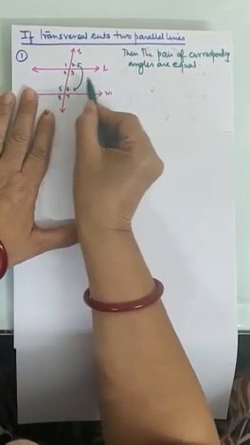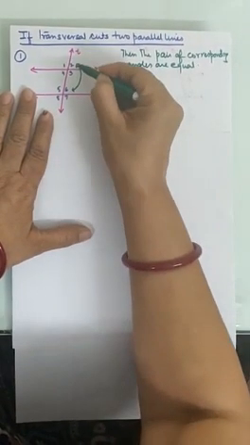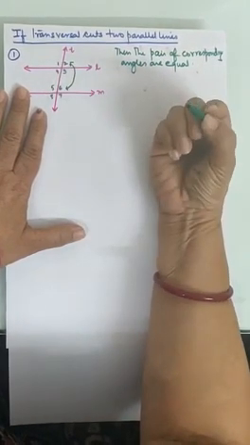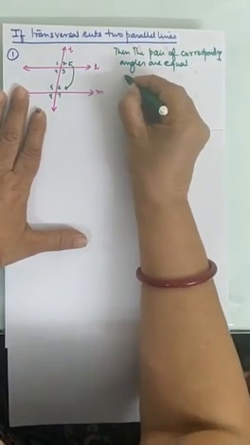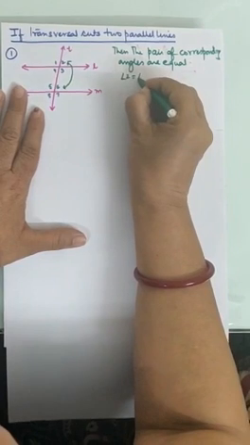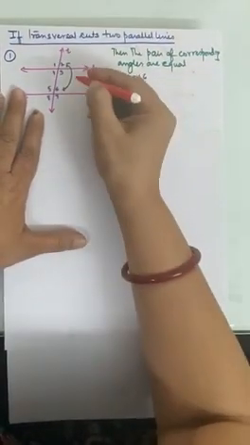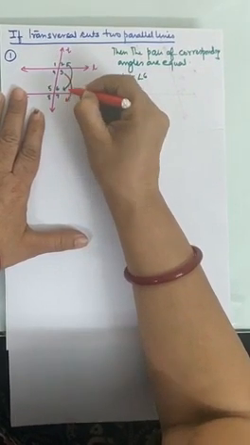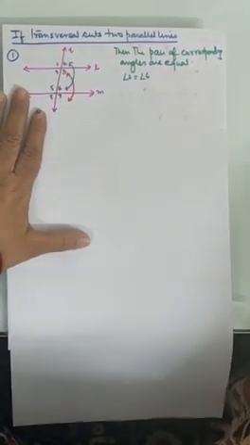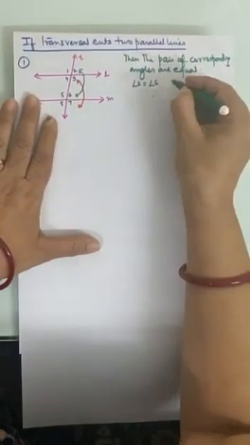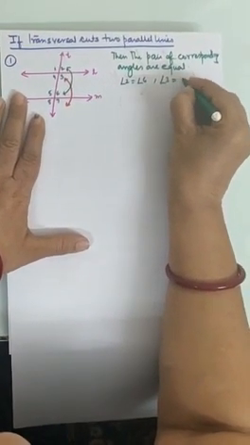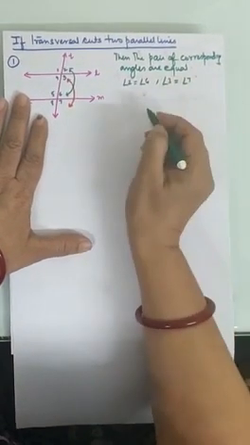They lie on the same side of the transversal. They do not form the linear pair. So angle 2 is equal to angle 6. Now leftovers are what? 3 and 7. So angle 3 is equal to angle 7.